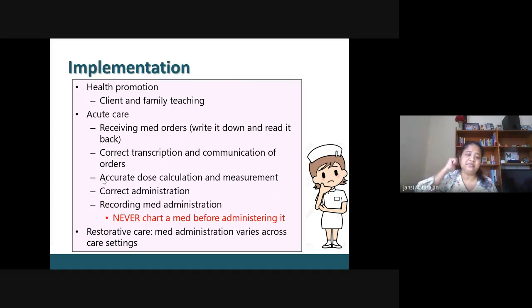So when you receive a medication order through the phone, write it down, and read it back. Okay, is this the one you ordered? Okay, as soon as they come, see that they are putting the order with their signature and everything. Okay, and always be very careful when you are writing, when you are communicating, and in dosage calculation.